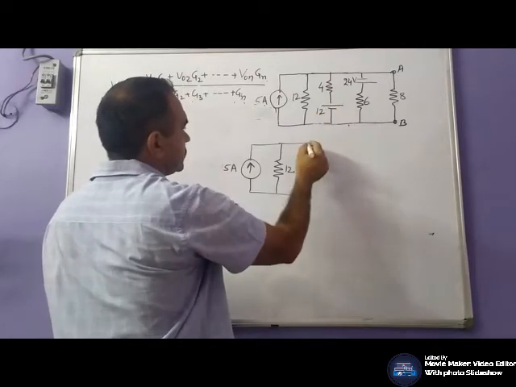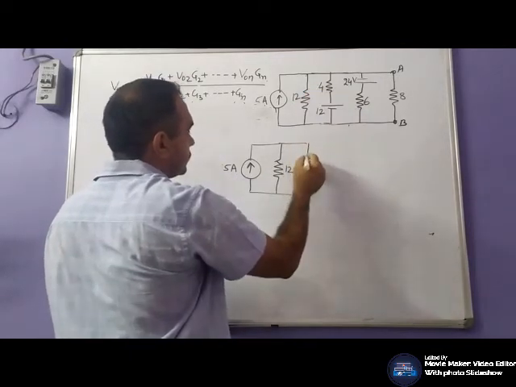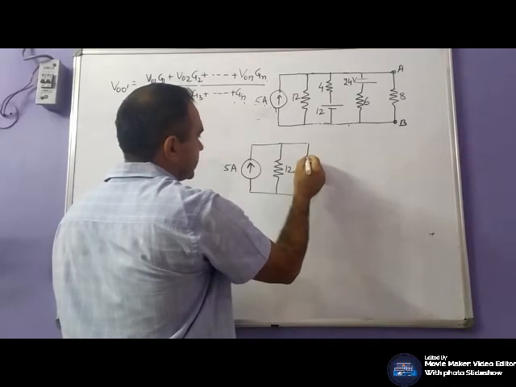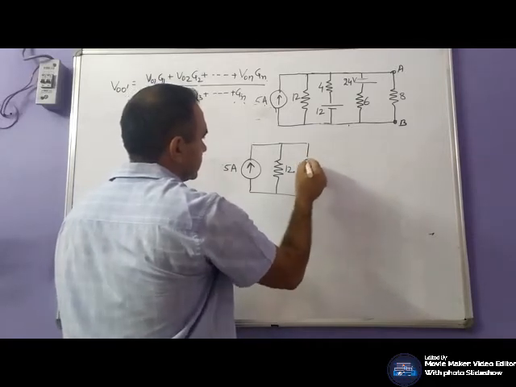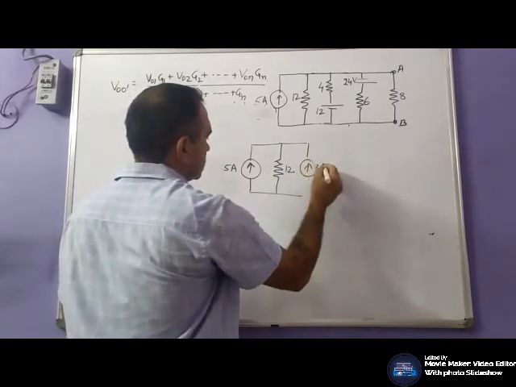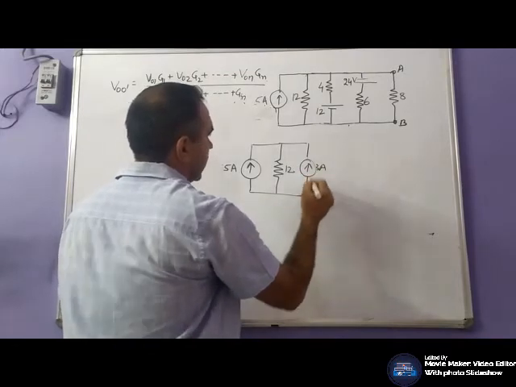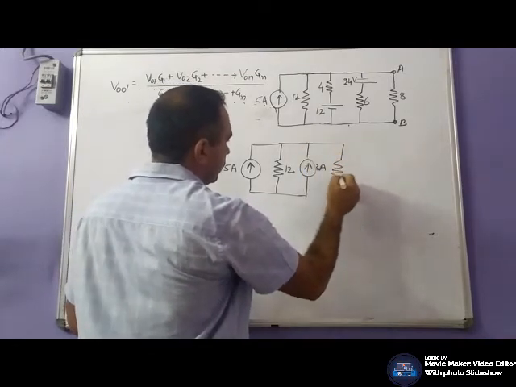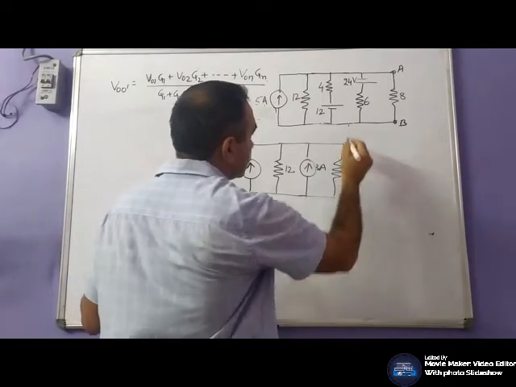The equivalent current source would be of 12 by 4, 3 ampere, with a parallel resistance of 4 ohm.